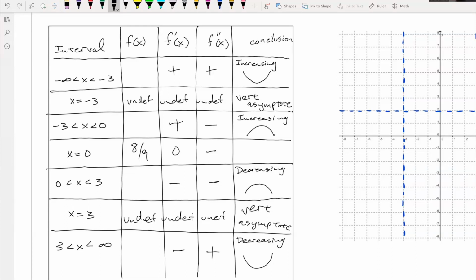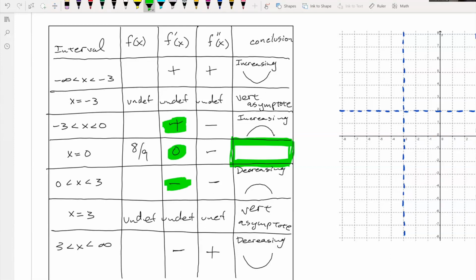Now, look right here, please. I want to say something about what's happening at 0.8. Notice that we have a function that's increasing on one side and then decreasing on the other side, and we have a horizontal tangent line in the middle.